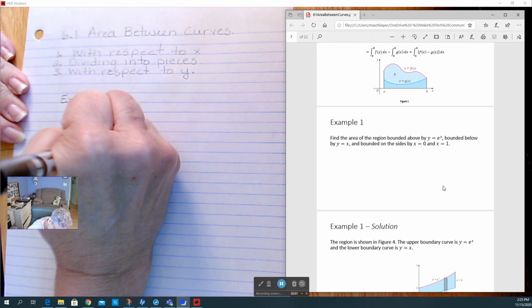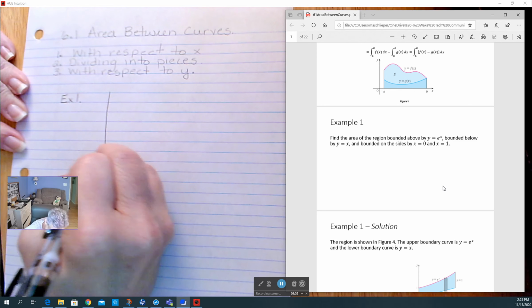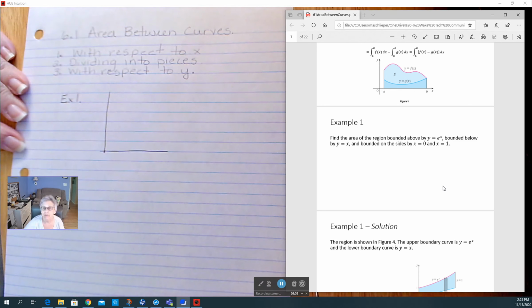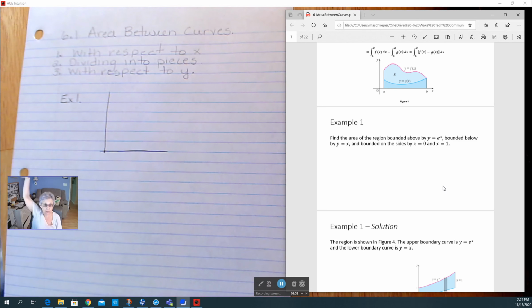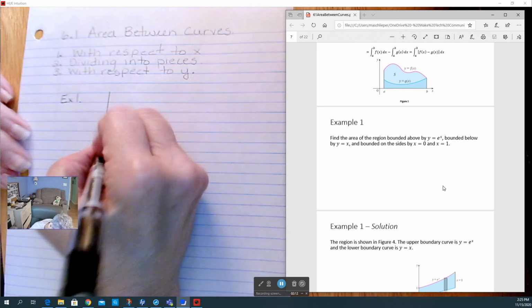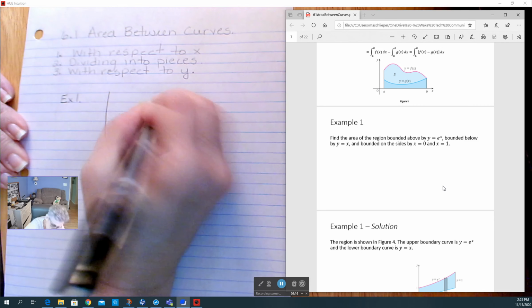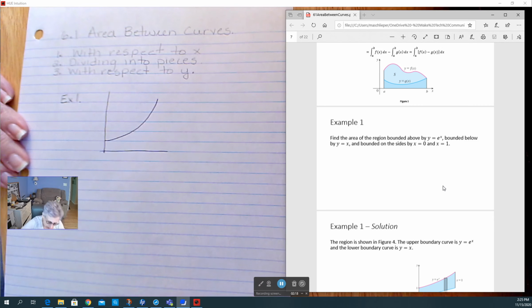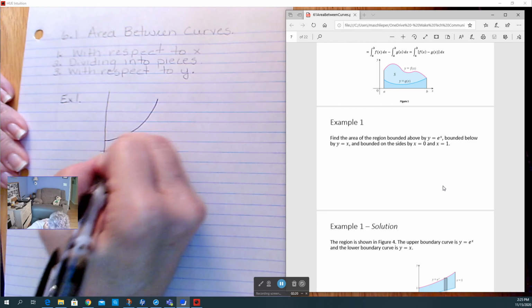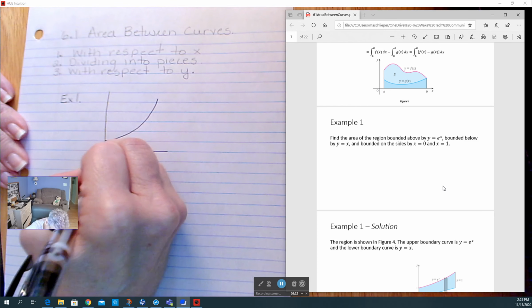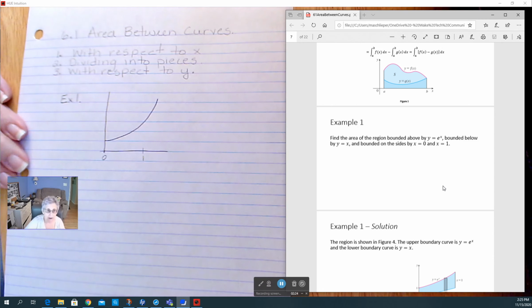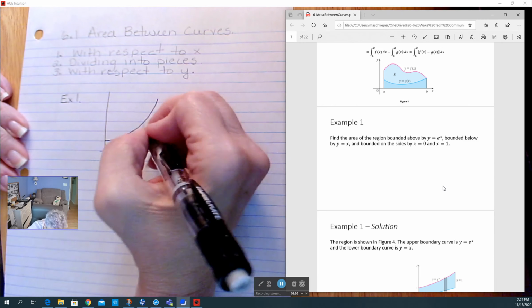So, I would expect you to be able to sketch the graph of e to the x. Doesn't have to be perfect, but it looks like that. And it crosses the y-axis at 1, because e to the 0 is equal to 1. And we're going from 0 to 1, which is why I only made the first quadrant.